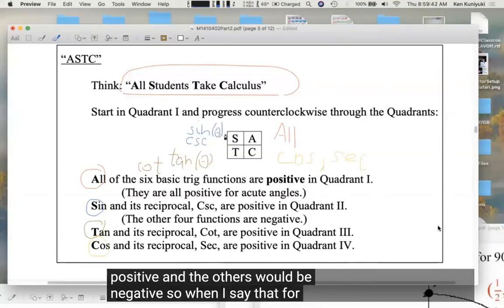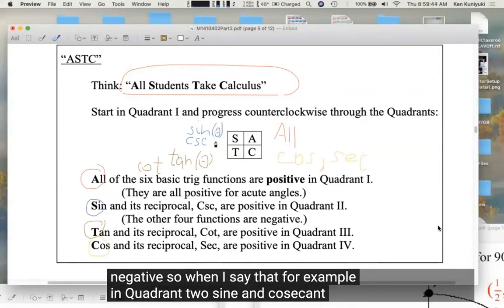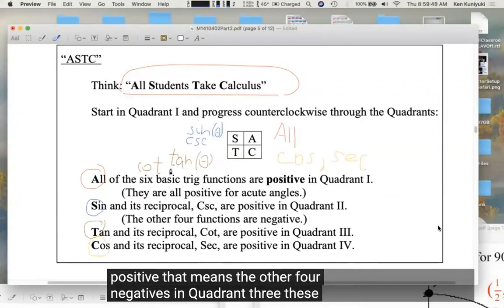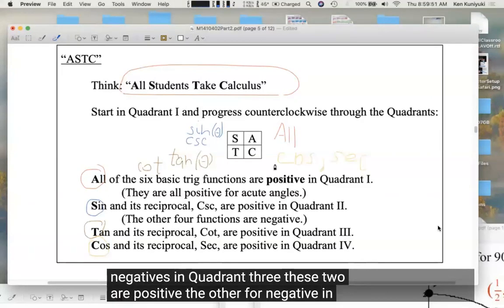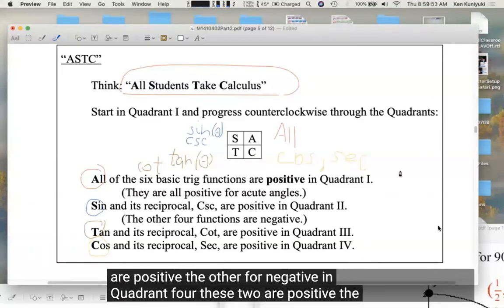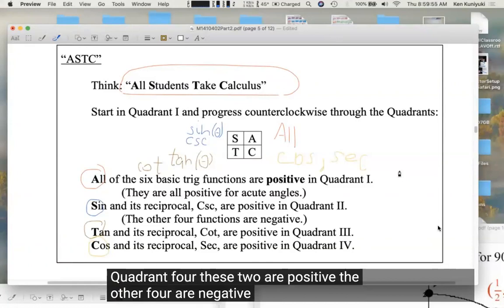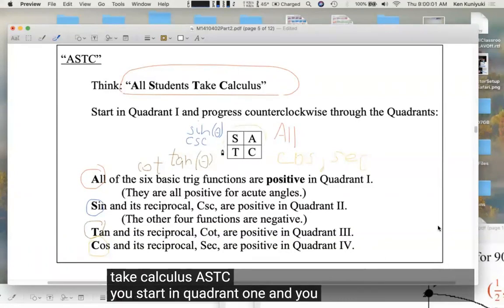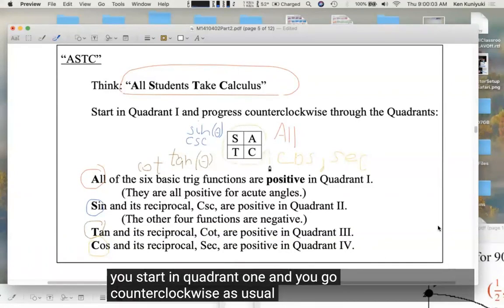So when I say that, for example, in quadrant 2, sine and cosecant are positive, that means the other 4 are negative. In quadrant 3, these 2 are positive, the other 4 are negative. In quadrant 4, these 2 are positive, the other 4 are negative. All students take calculus, ASTC. You start in quadrant 1 and you go counterclockwise, as usual.